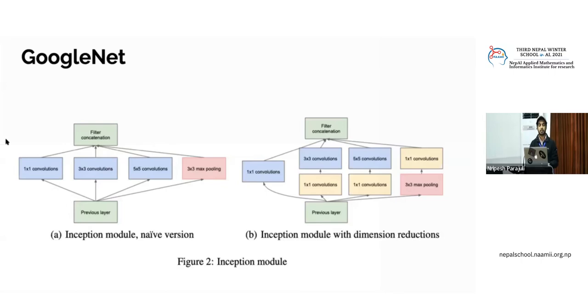But this was done so that in the same layer you will have features of different hierarchy and complexity. In the first layer, obviously not much is happening, it's just 1 by 1, 3 by 3, 5 by 5. But in the second layer, maybe there's an advantage of combining the 1 by 1 with the 5 by 5, or the max pool with the 3 by 3. We don't know a priori.